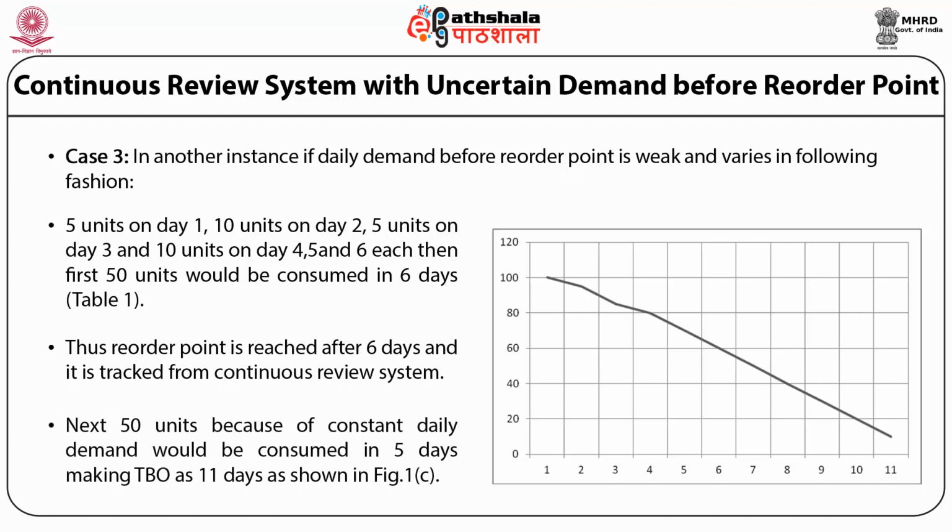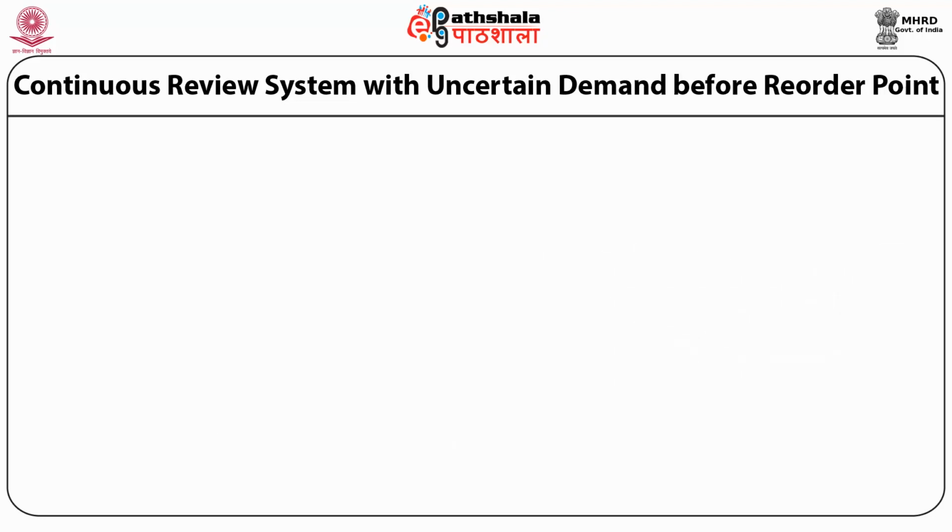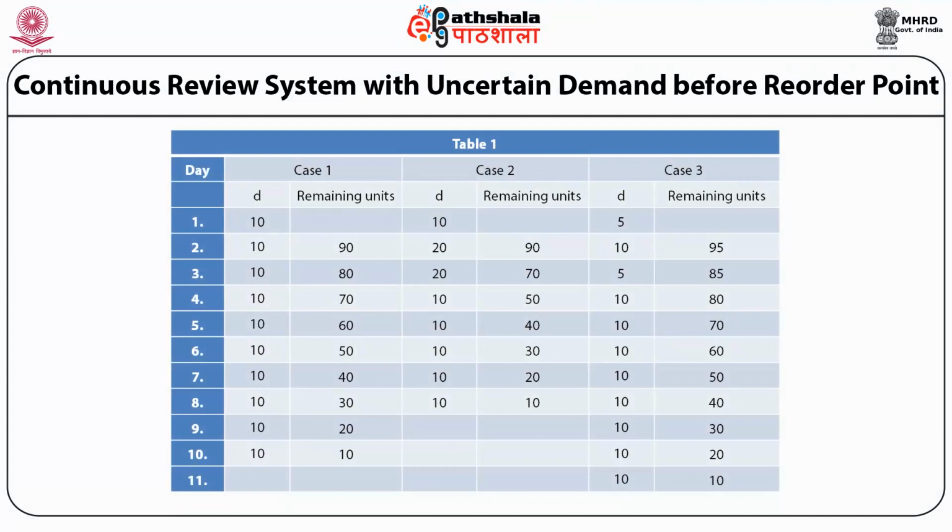Next 50 units, because of constant daily demand, would be consumed in 5 days, making TBO 11 days as shown in figure 1. Day 1 D is 10, remaining units nil. Day 2 10, remaining units 90.